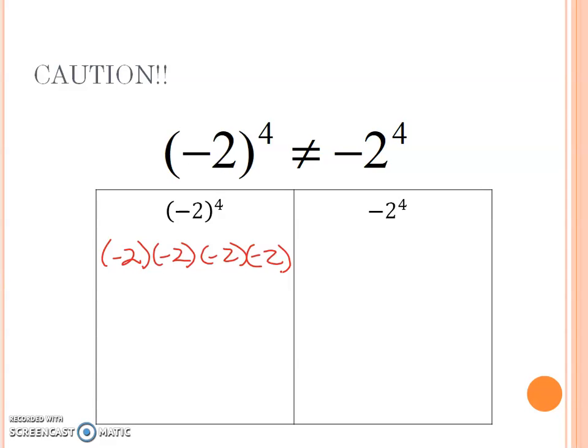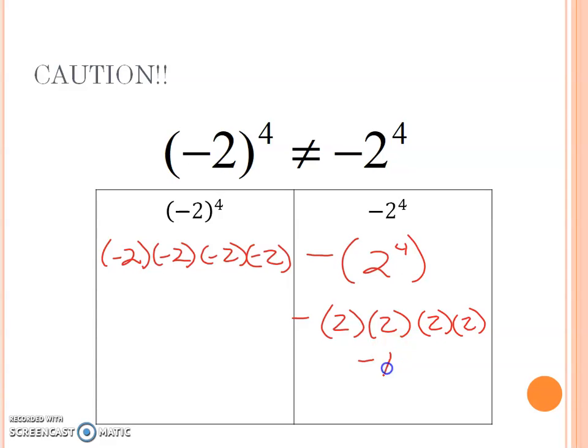However, if I have a negative 2 to the 4th power without parentheses, that means there's a negative, and then there are 4 2's being multiplied together, which gives me negative 16, versus over here, our negatives cancel, and we end up with a positive 16. So make sure you pay attention to those parentheses. They will matter. Okay?